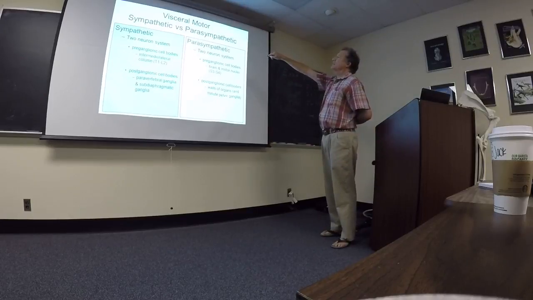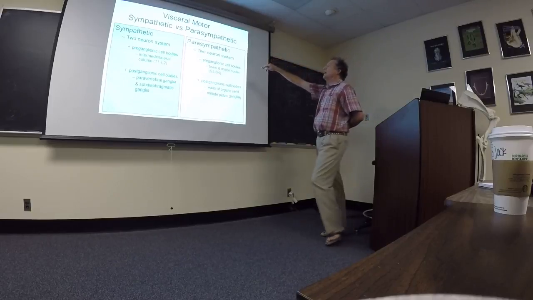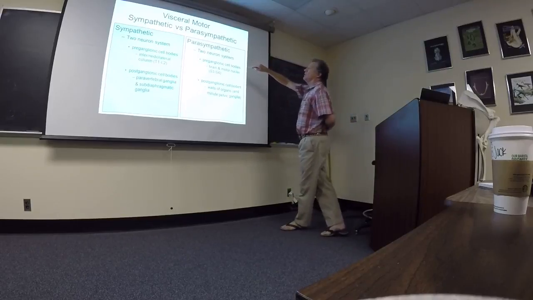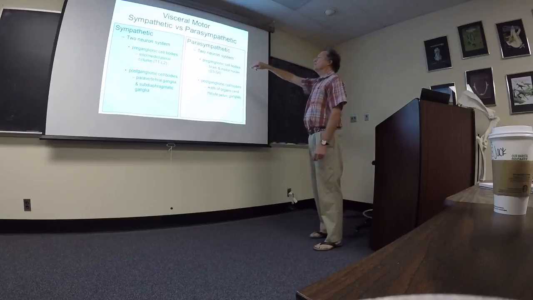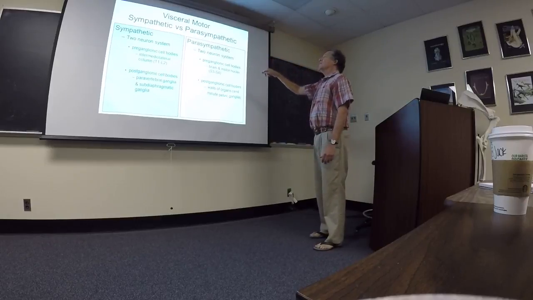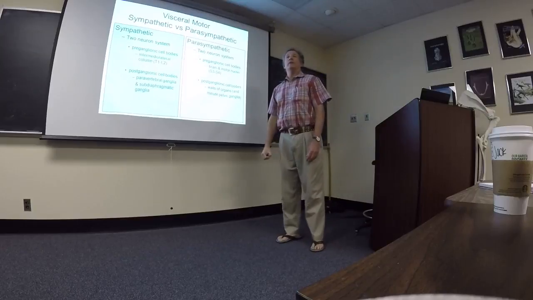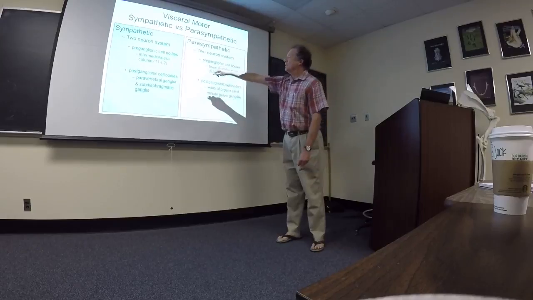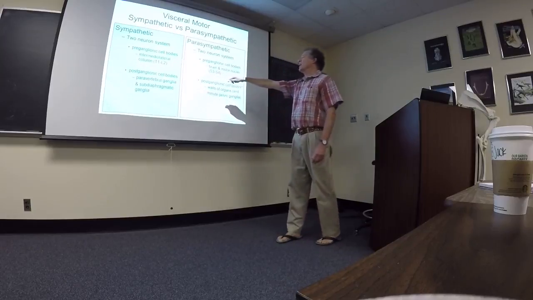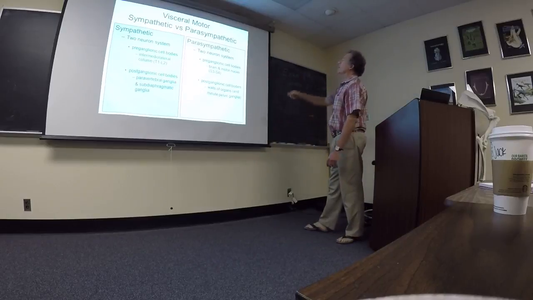They have preganglionic cell bodies that come out of the intermediolateral column between T1 and L2. They come out with the ventral rami, and then they synapse on these paravertebral ganglia in the thorax area. And remember, there are paravertebral ganglia all the way down, even though the preganglionics only have a limited origin, that go to the body wall.